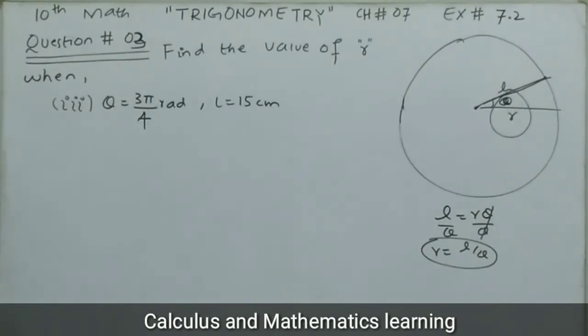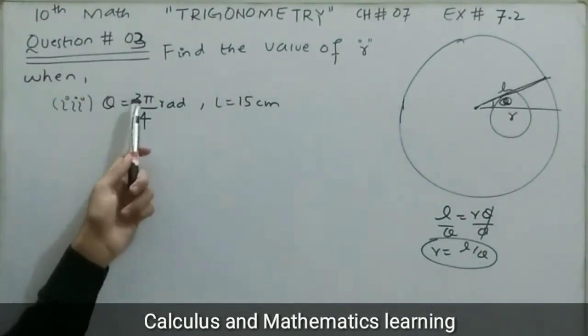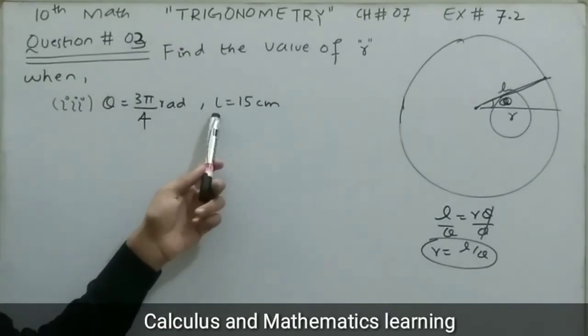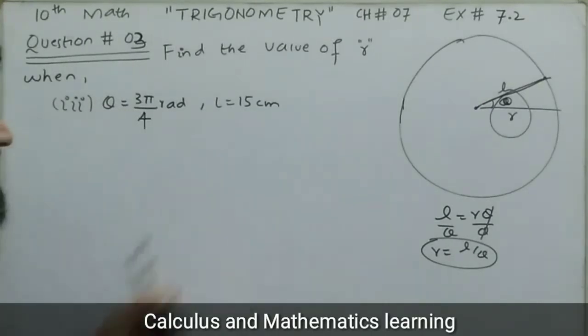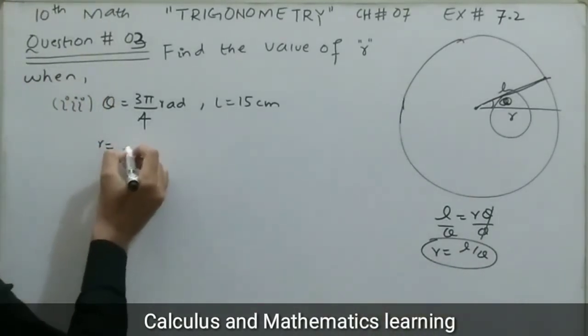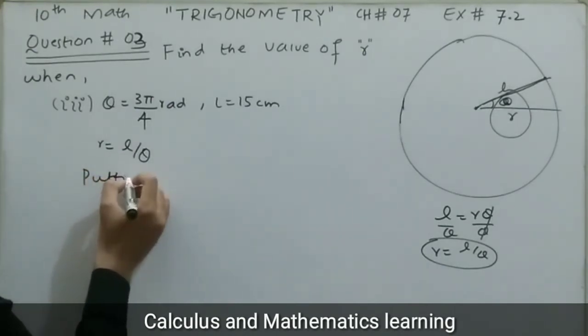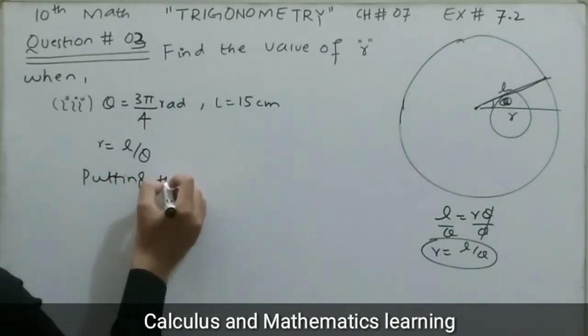Now move to the last part of today's lecture and the last part of question number 3. Find the value of r when theta is 3 pi by 4 radian and the value of L is 15 centimeter. Using the same formula, r is equal to L divided by theta, by putting the values, we will easily get the required radius of the given circle.